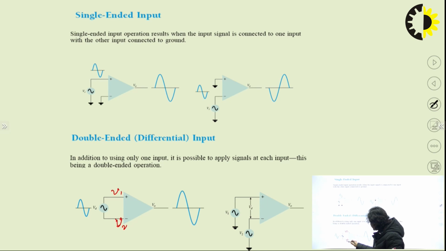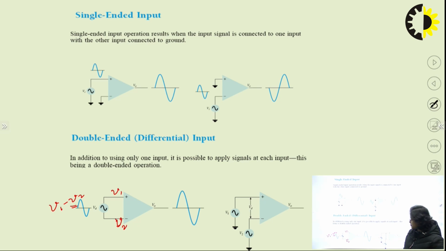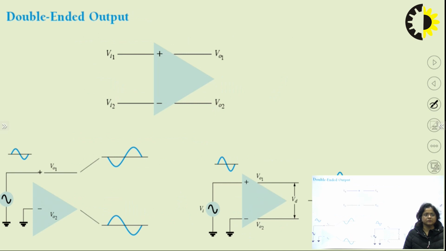If we apply V1 and V2 at the positive and negative terminals, then the difference of input is nothing but V1 minus V2, and this IC amplifies this difference with a gain A, that is V naught equal to A into Vd, that is V1 minus V2, which is quite similar to this application.